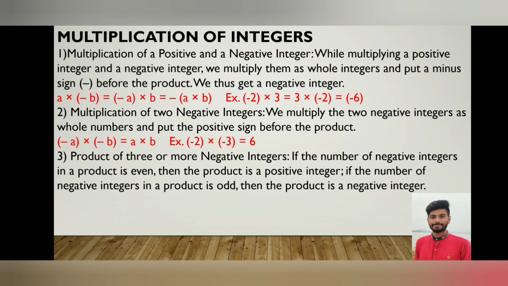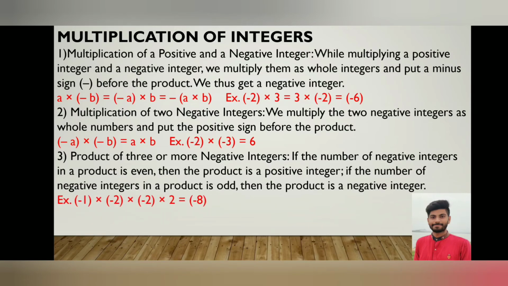If the number of negative integers in a product is odd, then the product is a negative integer. So we will count the negative integers. If the number is even, then our answer will be positive. And if the number of negative integers is odd, then our answer, the product, is a negative integer.